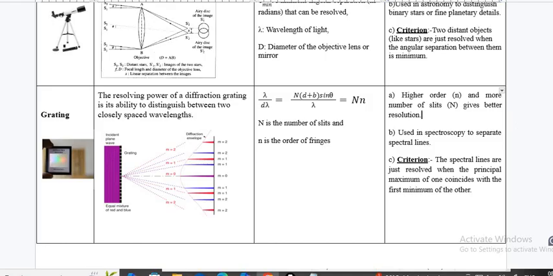One can think that you have a central maxima, and after the central maxima there will be a minima. When you have the minima, obviously the maxima will be prominent over there. So this must be the condition for resolution for the diffraction grating.